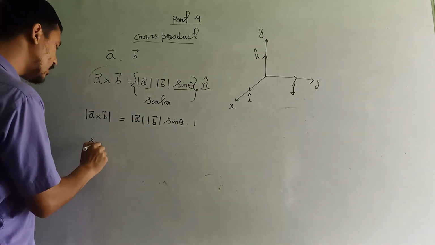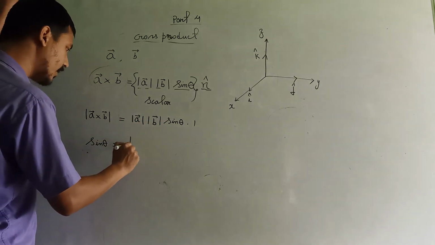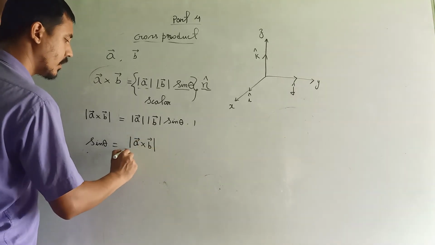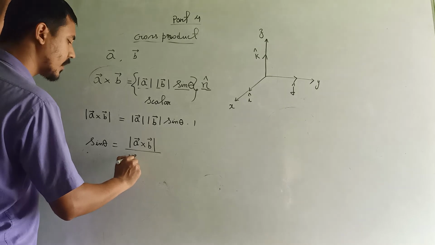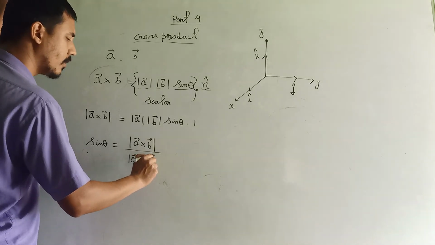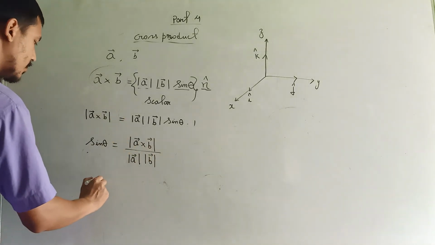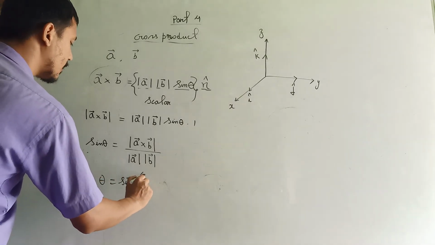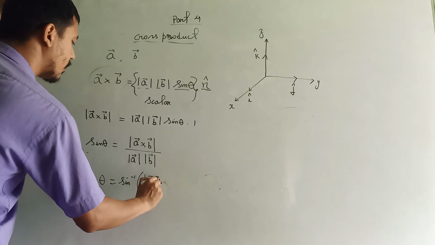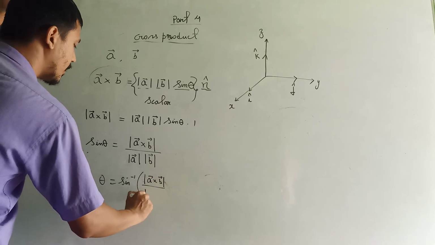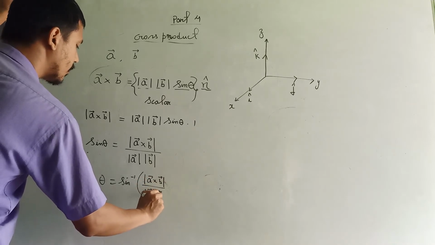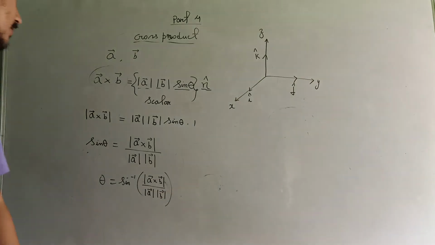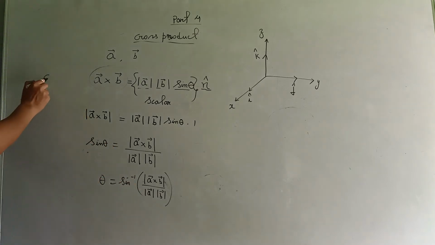So in that case, sin theta will be the magnitude of A cross B upon the magnitude of A times the magnitude of B. So theta will be given by sine inverse of magnitude of A cross B upon magnitude of A times magnitude of B, correct? So that is the 6th derived result.